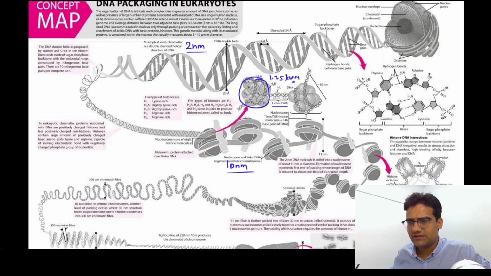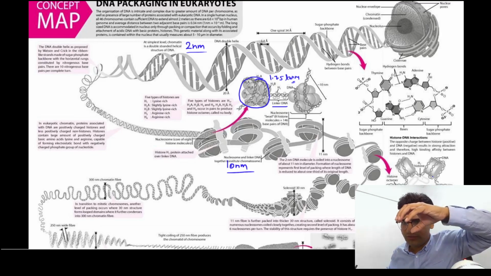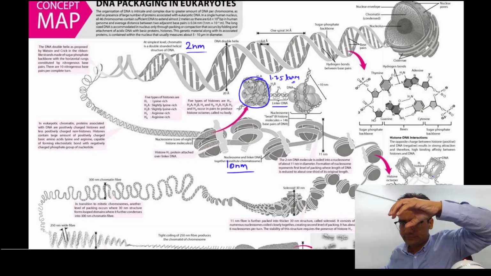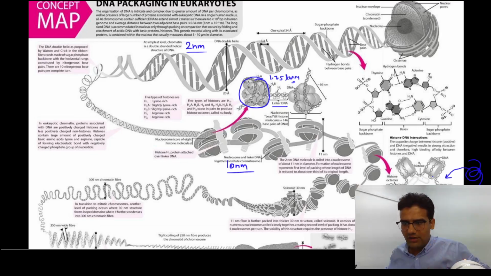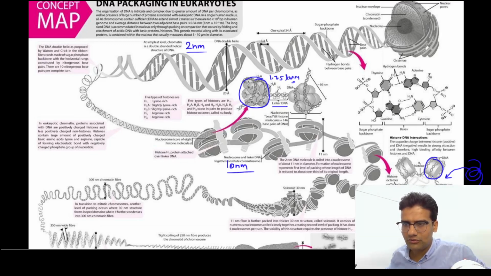So there are 6 histone proteins. If we look from the top, it would look like this model. There is a 60-degree turn due to binding of the histone protein, and this is what we call the solenoid model.